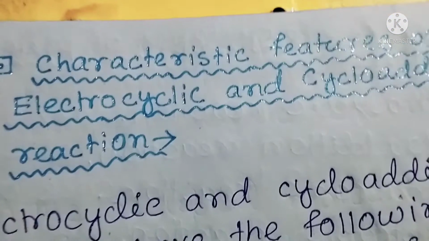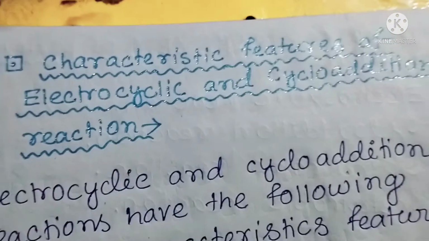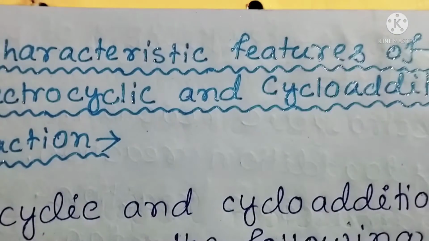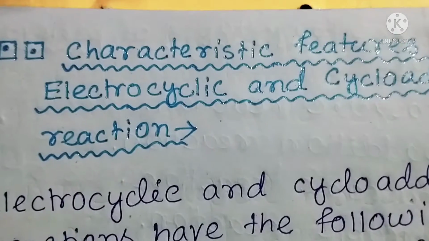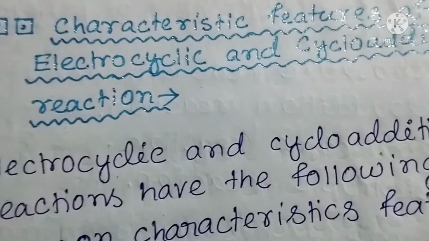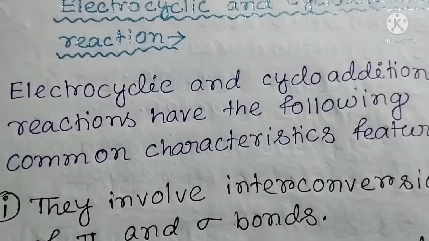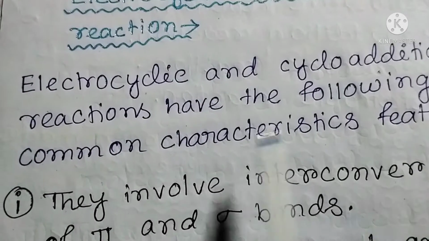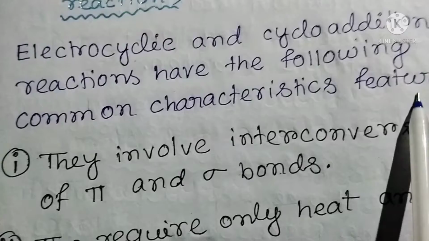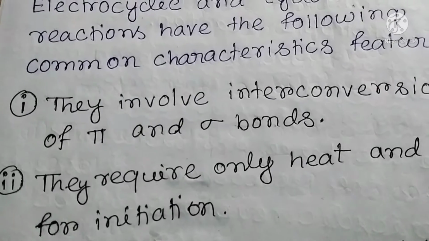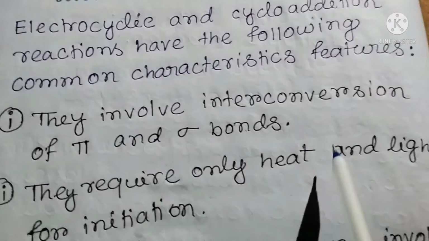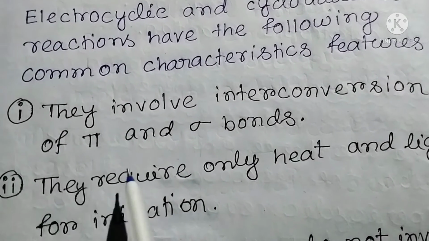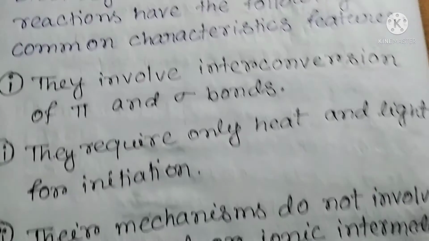Next is characteristic features of electrocyclic and cycloaddition reaction. Electrocyclic and cycloaddition reactions have the following common characteristic features. They involve interconversion of pi and sigma bonds.